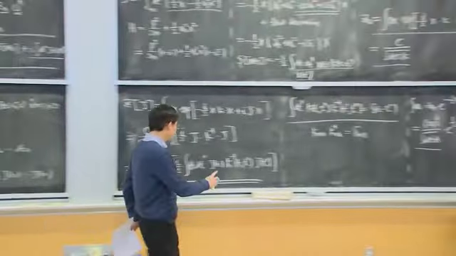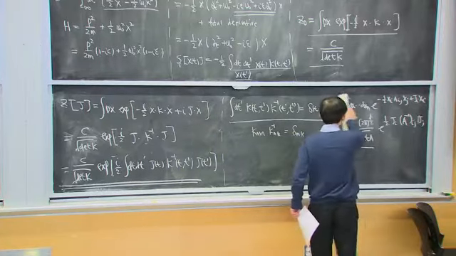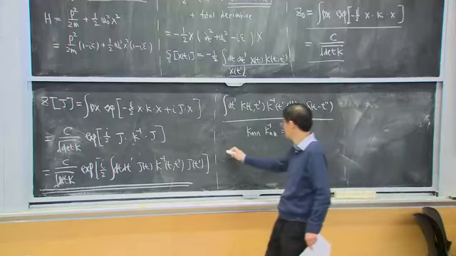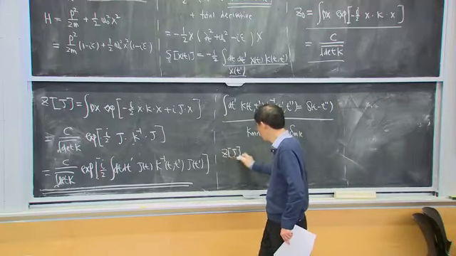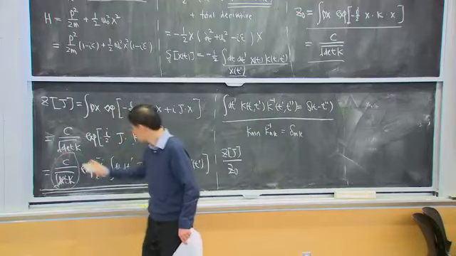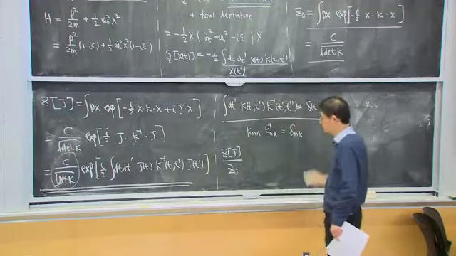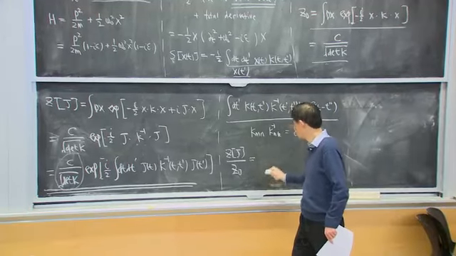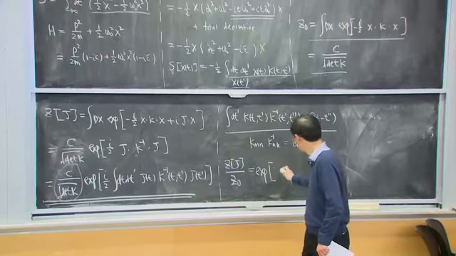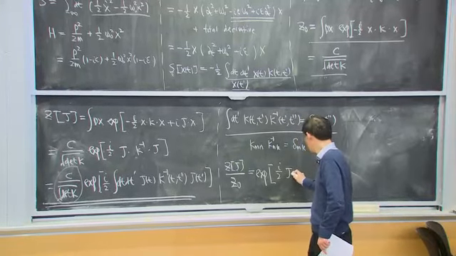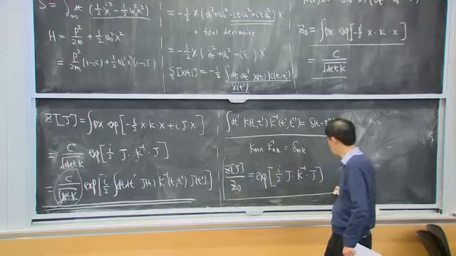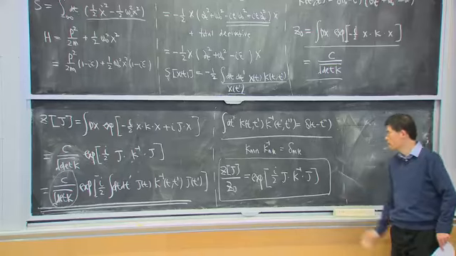If we take the ratio, Zj divided by Z0, we find all these factors cancel. So we just get the exponential, using the shorthand notation, of i over 2 j K inverse j. Okay, so this is the physical quantity.